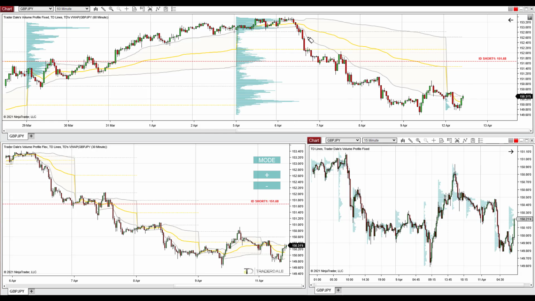So what happened was that sellers were pushing the price downwards, then they were adding to their short positions in here in this rotation. Then the downtrend continued, and when there's a pullback to 151.68, this is where the volumes were the heaviest. When the price comes there again, I expect the sellers from this zone to start defending this zone and to push the price downwards.